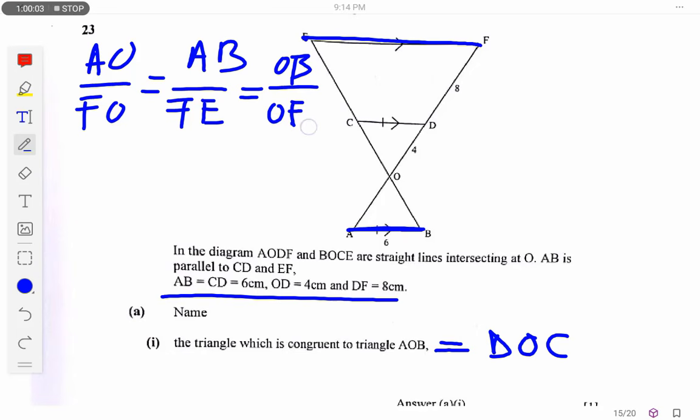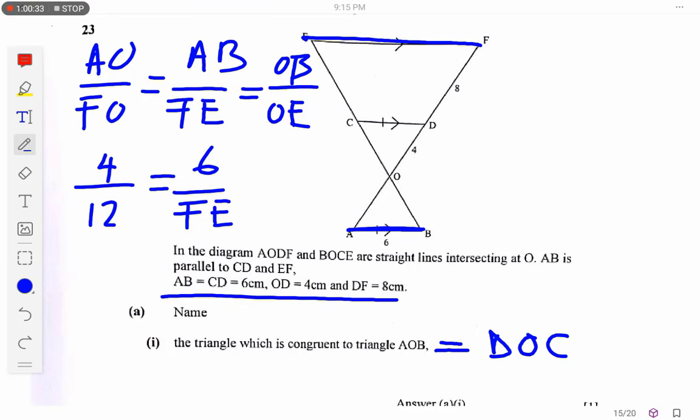So we are using this from the similarities that we talked about. Now substituting the values that we have, AO is the same as OD there, so we can say it's 4 over FO, it's 12. We are adding 8 plus 4 there. This is equal to AB, it's 6 over FE there.